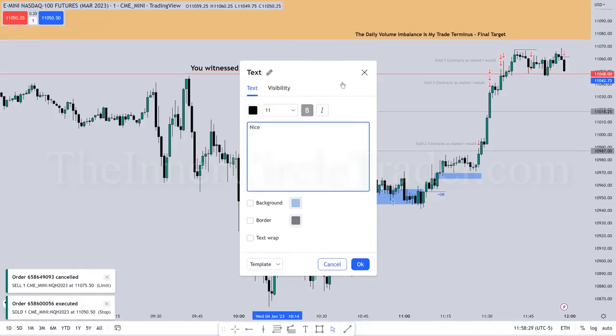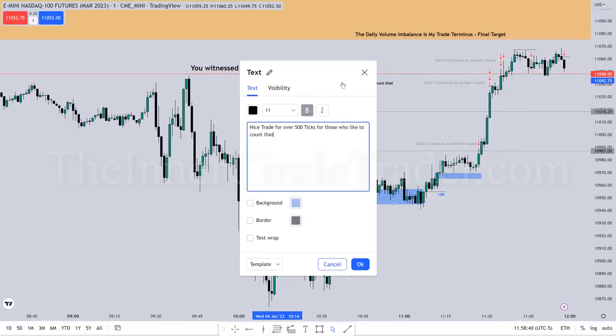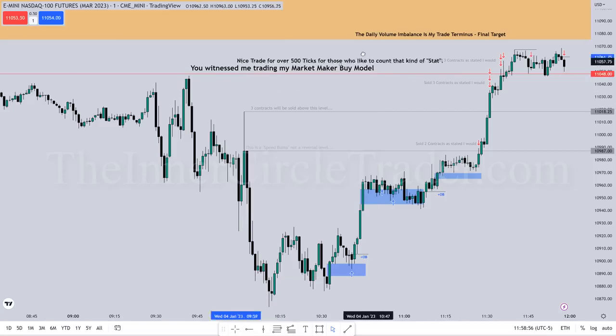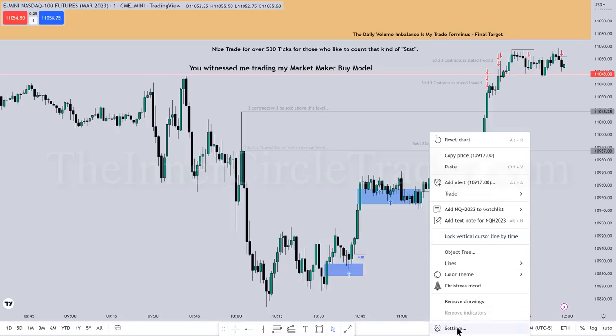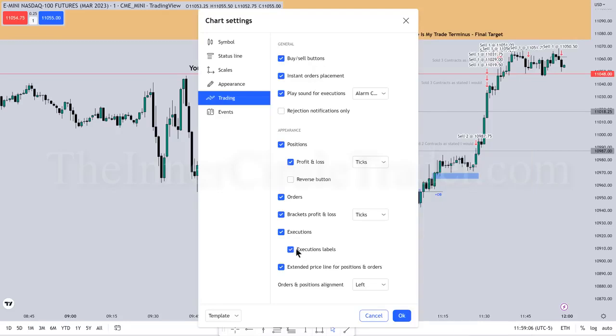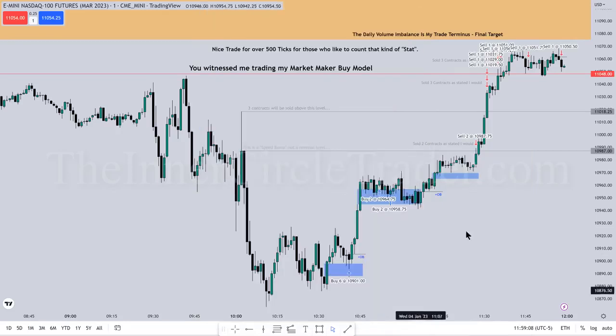But having your trade managed with a trailing stop loss, knowing where to place your stop loss, and here's my stop. I'm just saying it was a nice trade, over 500 ticks for those who like to count that kind of stat. Okay, and now you're going to see it in close to real time.